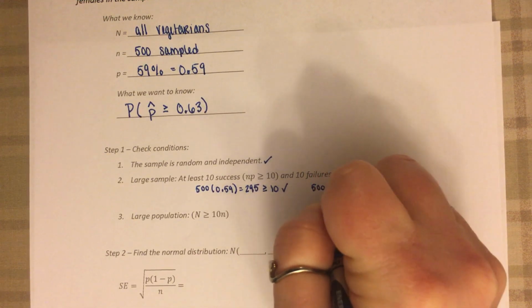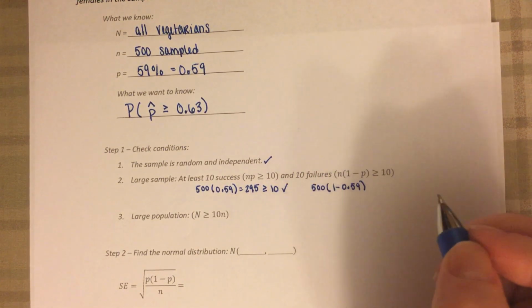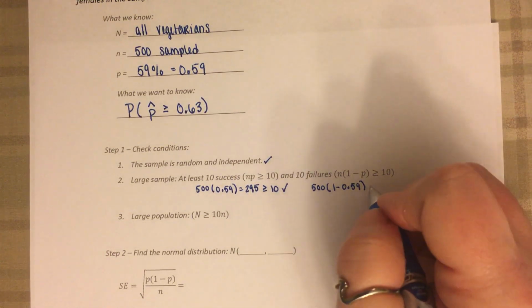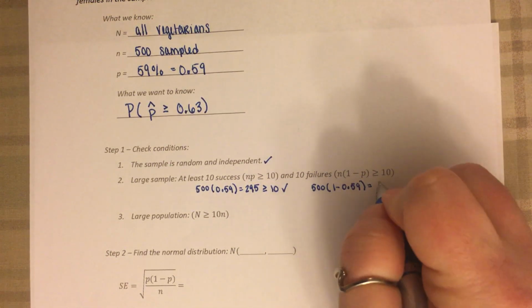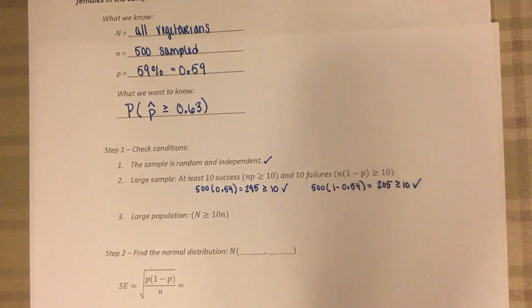Then we're going to take 500 times 1 minus 0.59. Our complement of 59% would be 41%. 500 times 41% gives us 205, which is also greater than or equal to 10. So our second condition is satisfied.